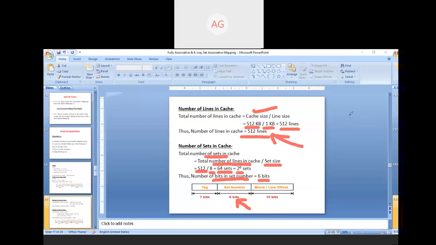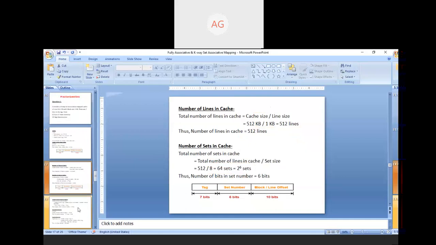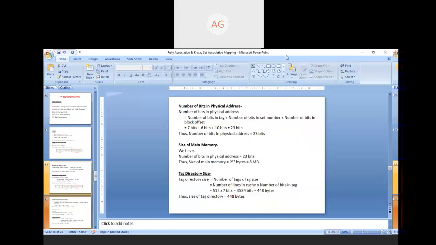Okay. So moving to the next slide. Just draw this diagram in your copy. In this question we are going to find out the size of the physical memory. The size of the physical memory can be found by summing the sizes of all the 3 divisions.